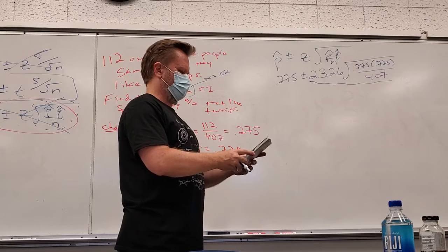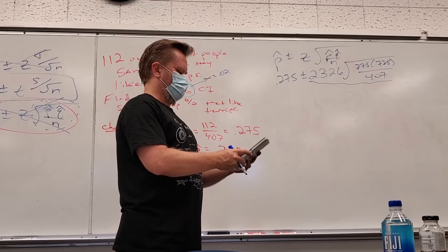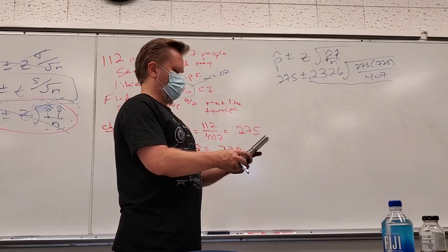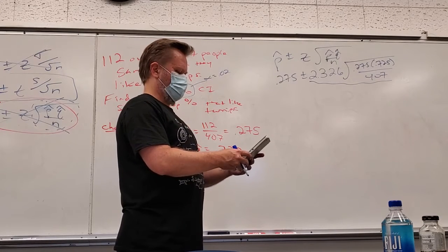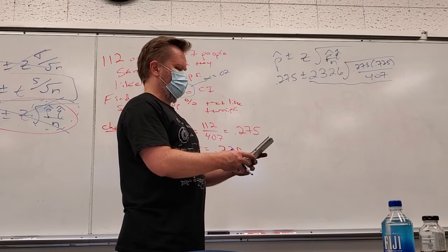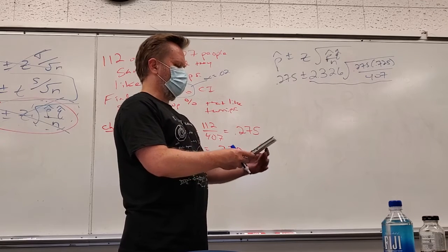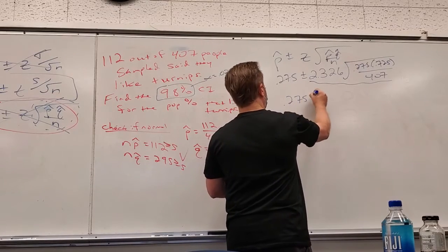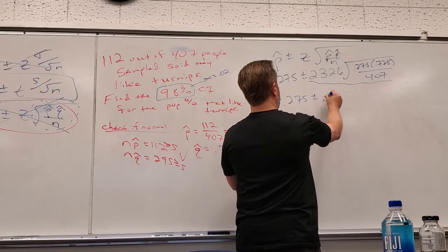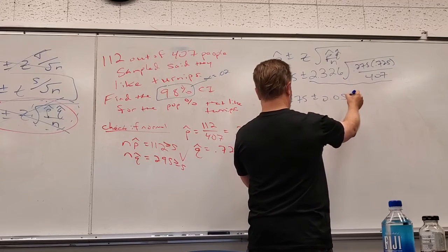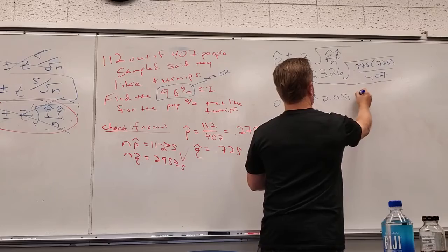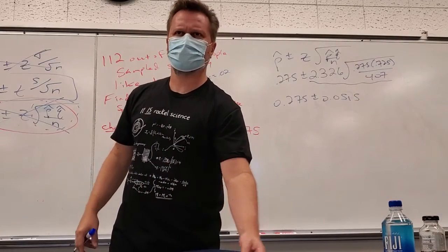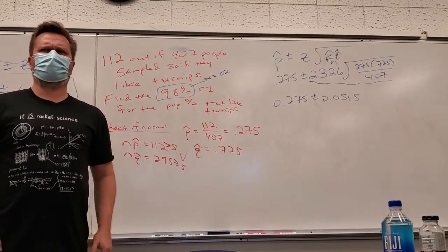What is it? About 0.049. No, I calculated numbers wrong, my bad. I got 0.051, that's still pretty good. It's not bad. 0.275 plus or minus 0.0515. You guys agree? Is that what you guys got? Anybody else?